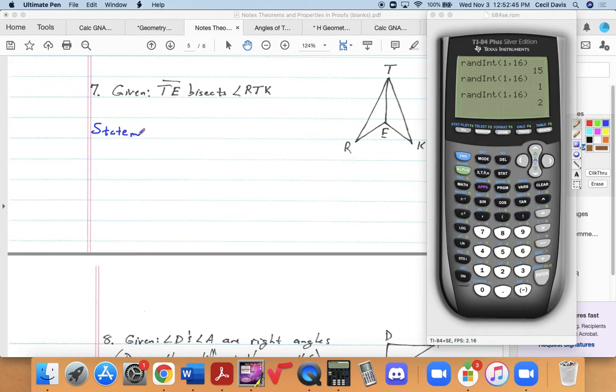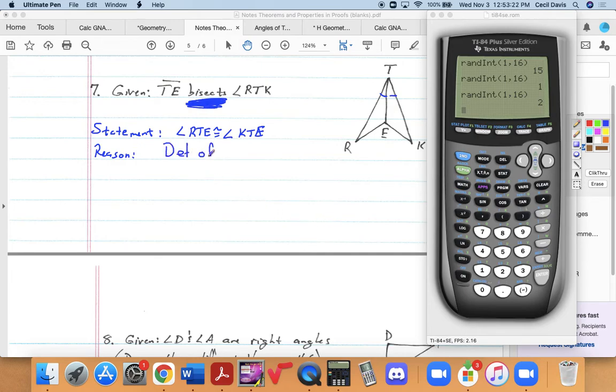I said triangle RTE is congruent to triangle ATE. Angle RTE is congruent to angle ATE, because I was gonna say corresponding angles. Definition of angle bisector.